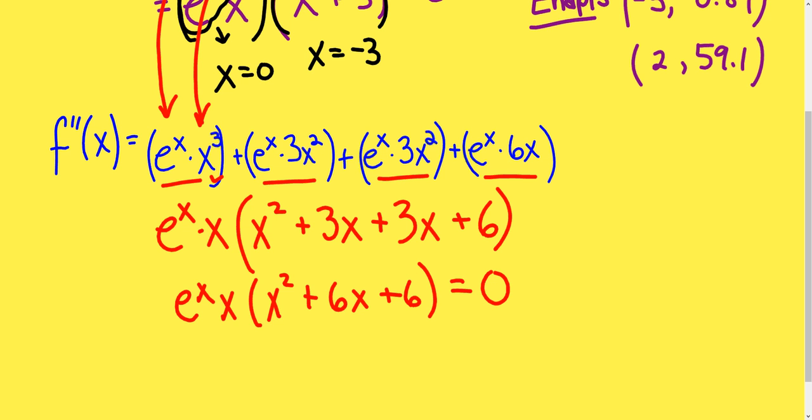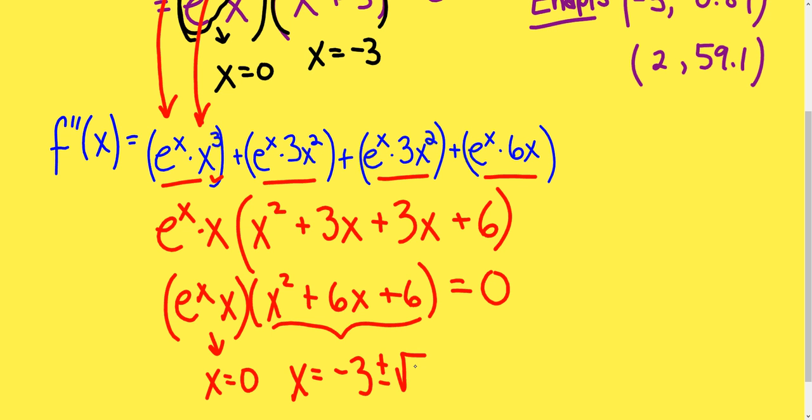When we set the second derivative equal to 0, that'll find our points of inflection, and we'll use it to find where the graph is concave up and concave down. But I don't want to get ahead of myself. I need to solve this. Once again, this tells me that x is 0. This part here isn't factorable, but I used the quadratic formula to save you some time.